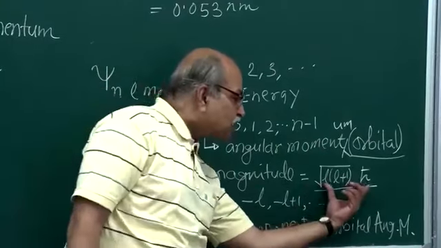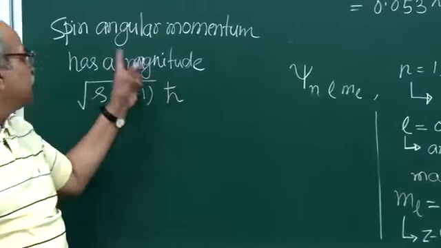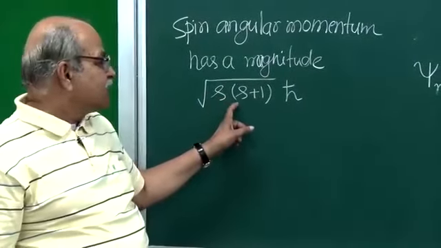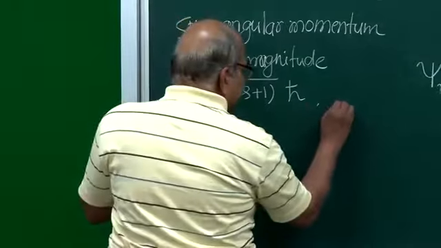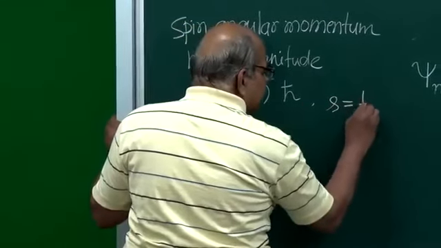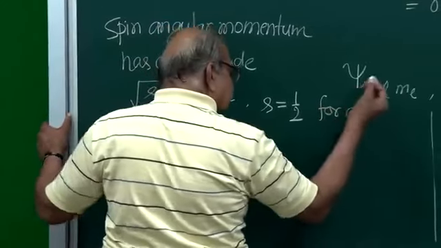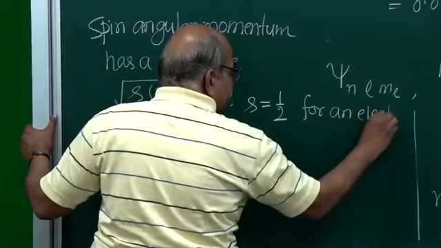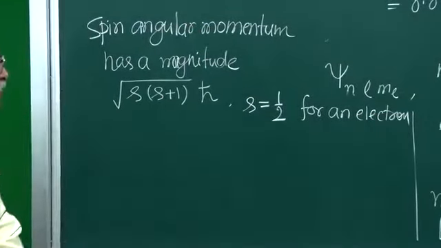It can have values depending on different conditions. In the same structure I am writing the magnitude of spin angular momentum, and that magnitude is written as the square root of s into s plus 1, times h cross, and this s has a fixed value. It is half for an electron, for any electron, all electrons, and in fact all protons also, all neutrons also.